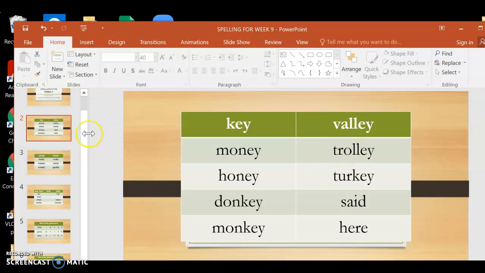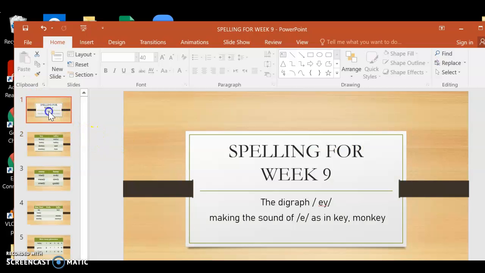I didn't use all of them, as you can see. So our phoneme that we're concentrating on this week is EY, making the sound of E, as in monkey. So I would like you to do the first column in Monday spelling and then do rainbow spelling, please. Just follow the planner. Thank you.